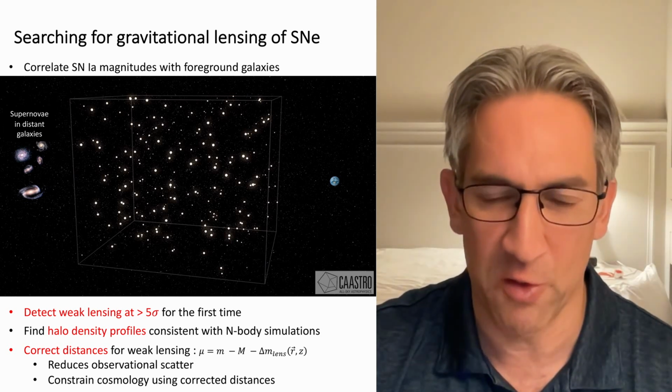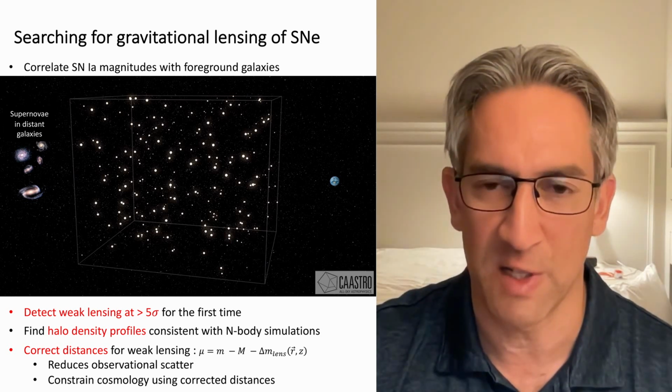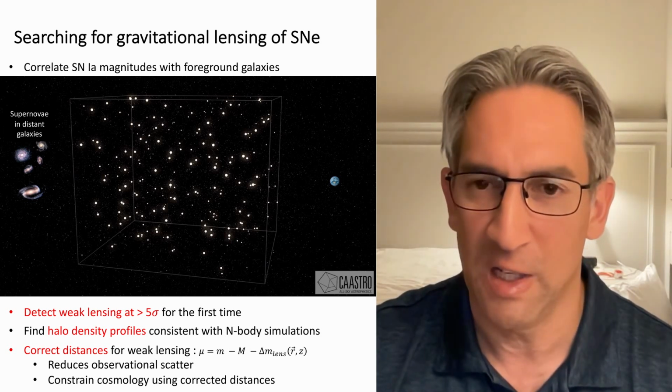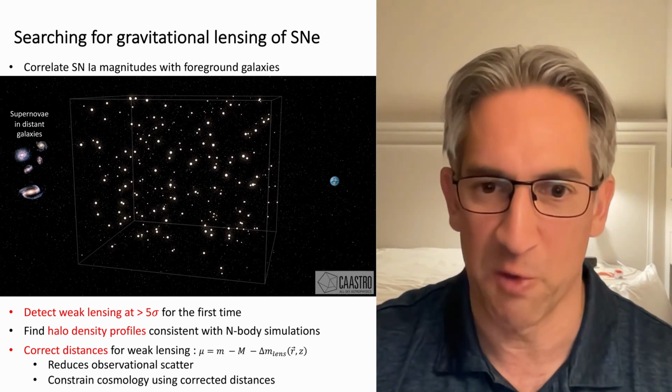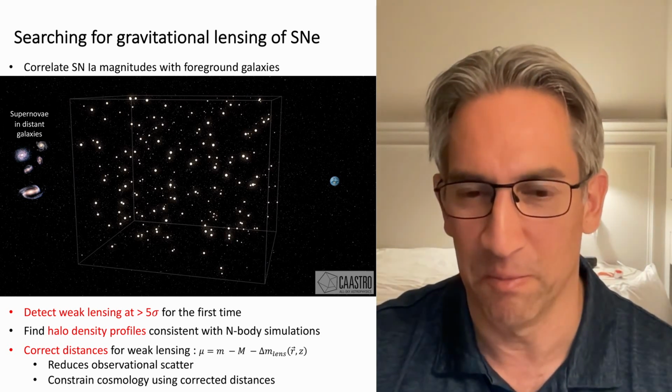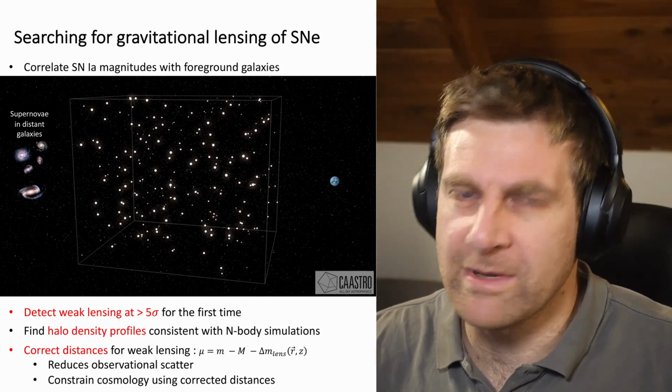Now, this is useful in two ways. It reduces observational scatter so we can get tighter constraints on cosmological parameters. And we could also check that if we correct these distances, we get similar cosmology to if we didn't correct them.